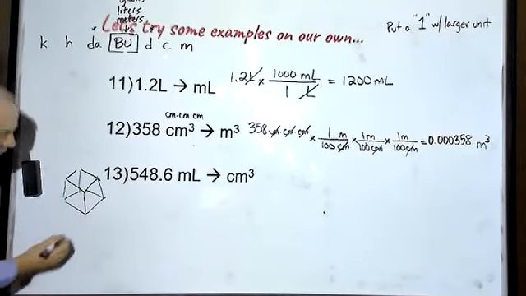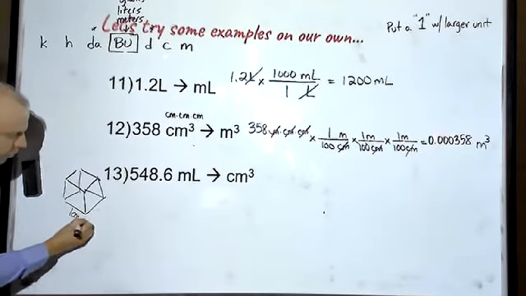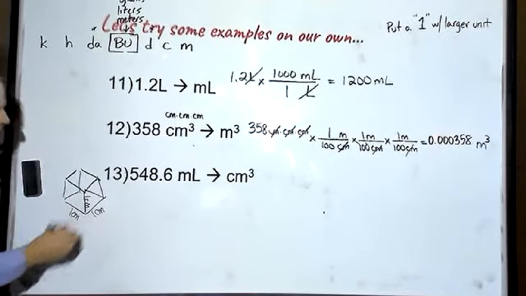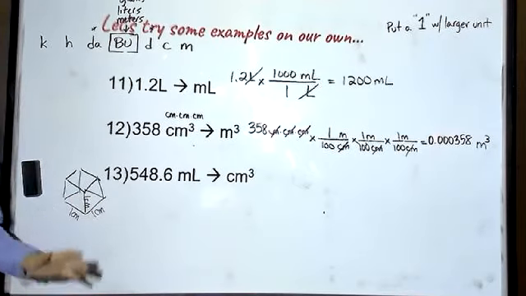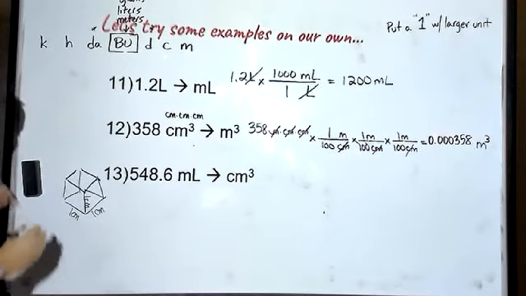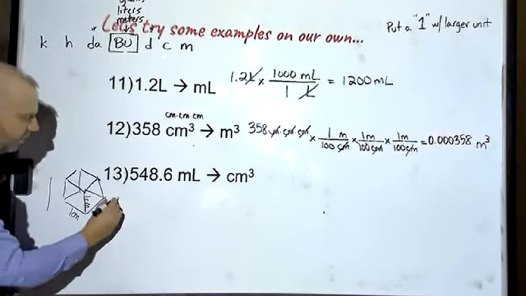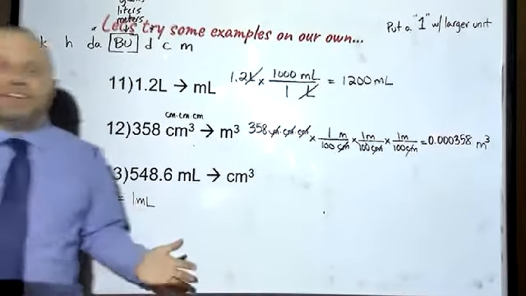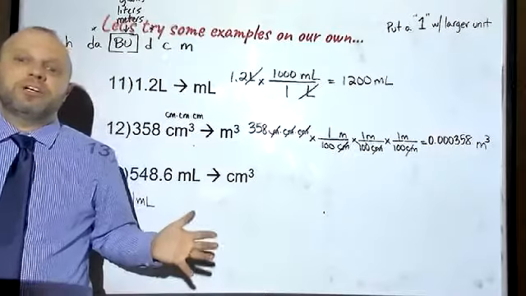So if we have a cube here, and that cube has a measurement of 1 centimeter times 1 centimeter times 1 centimeter, so length, width, and height. If I have a cubic centimeter, it turns out that 1 cubic centimeter equals 1 milliliter. That's pretty much the easiest conversion that you're going to see on this homework.